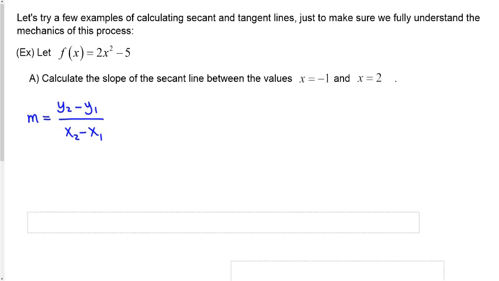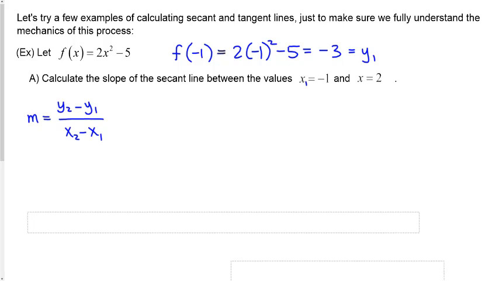So let's say I call this x1. Then f evaluated at x1 would be 2 times negative 1 squared minus 5. And that would be negative 1 squared is positive 1, 2 times 1 is 2, so 2 minus 5, or negative 3.